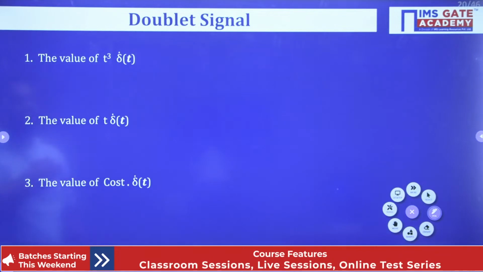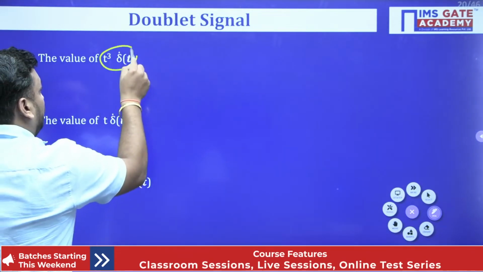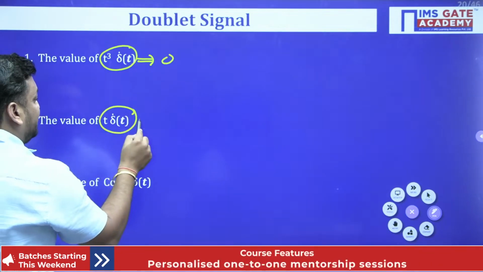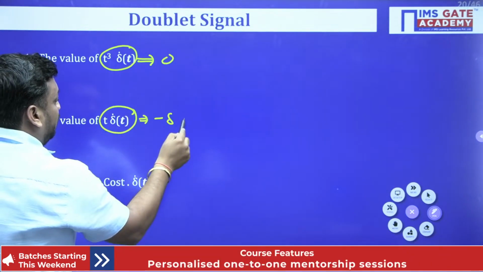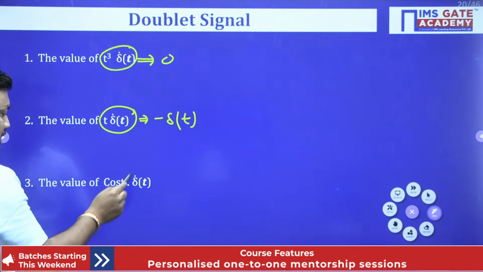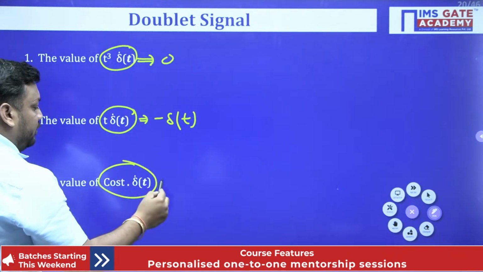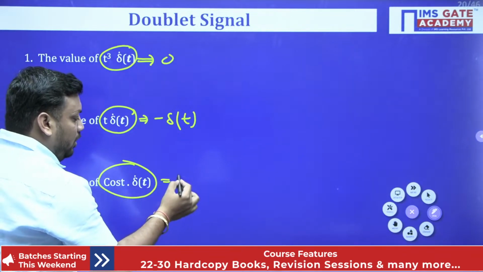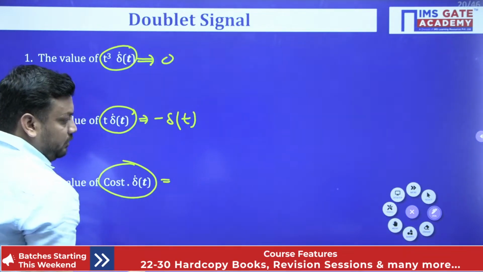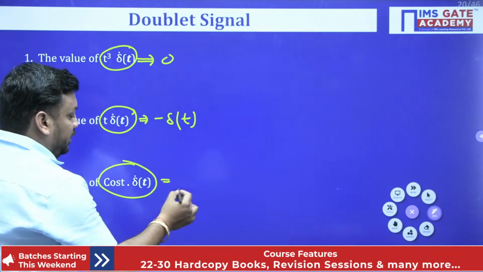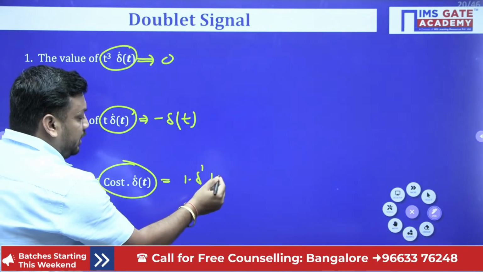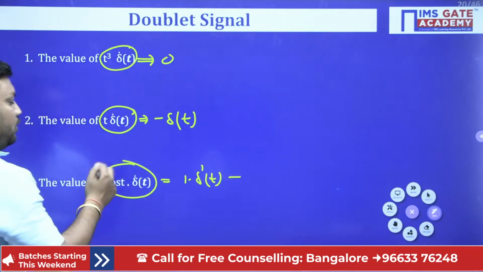So now, student, the value of this we have already calculated, 0 only. The value of t dot del dash t is nothing but minus del t, already calculated. Now, what is the answer of cos t del dash t, guys? Here f(t) is nothing but cos t, you know the property. First of all, f(0) del dash t, that is cos 0, which is 1, into del dash t, minus the differentiation of cos.